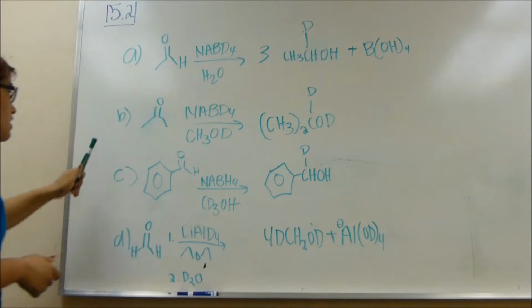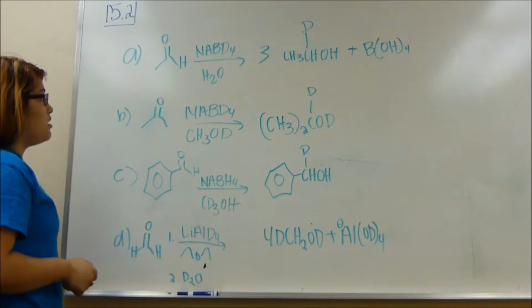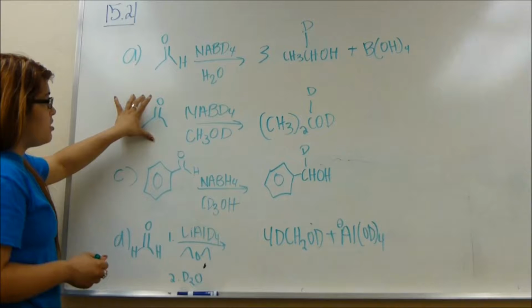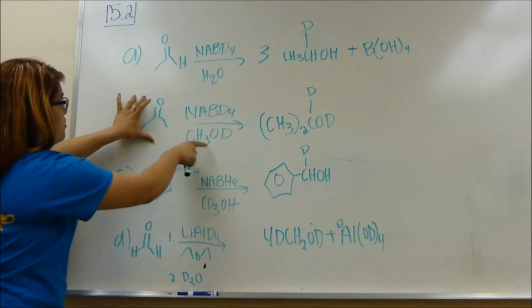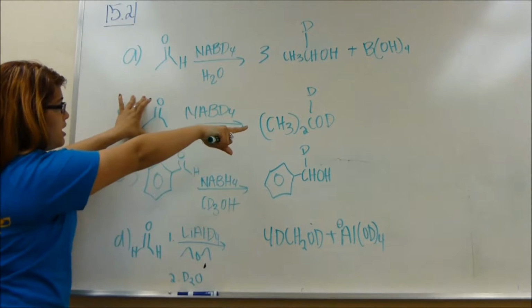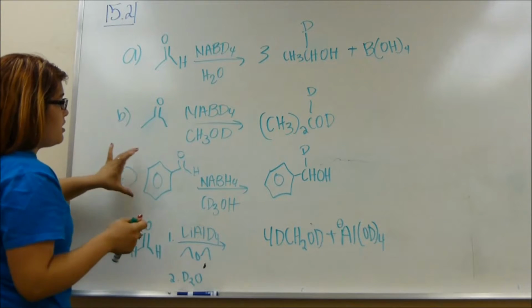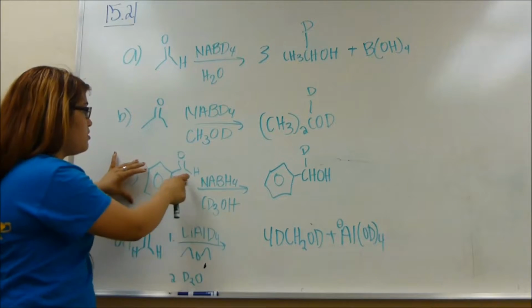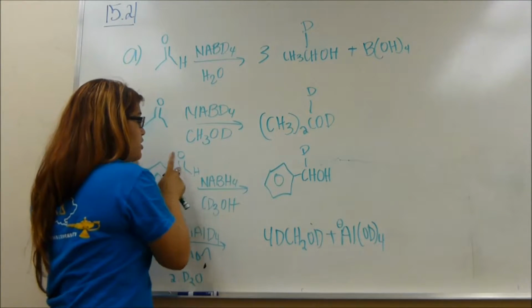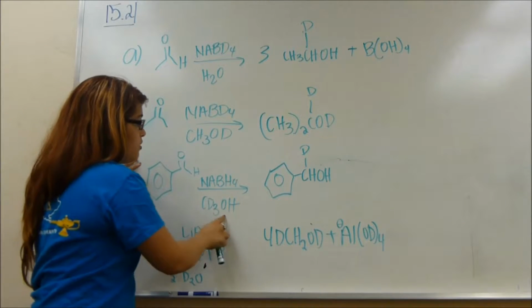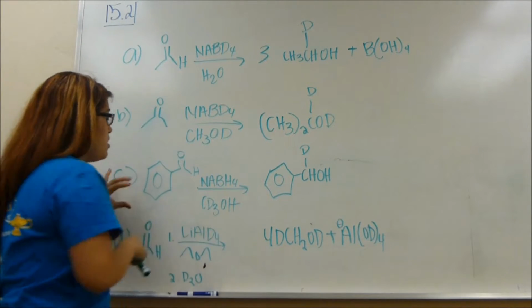And then this one is the same thing. It gets reduced, and then you're going to have this OD come here at the end, like it has over there. And then right here, this carbonyl gets reduced. The D sticks out where the H would be, and you get the OH on the edge also.